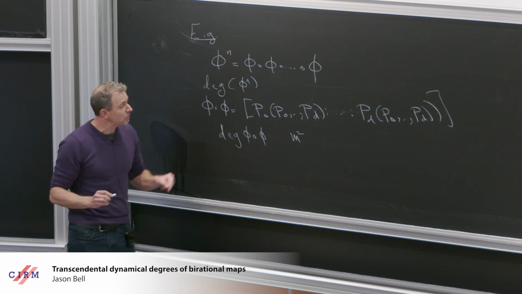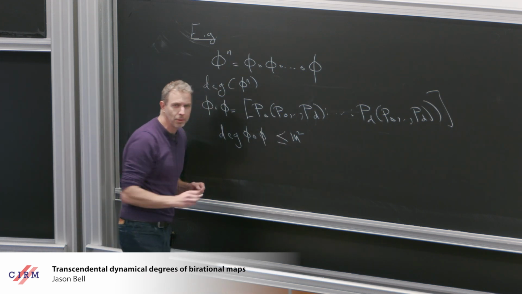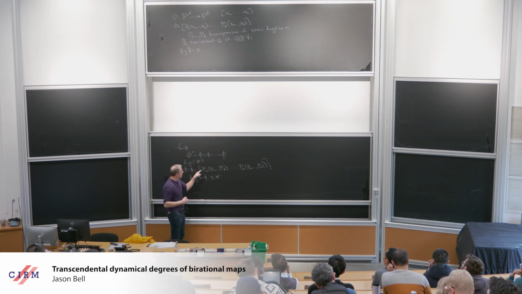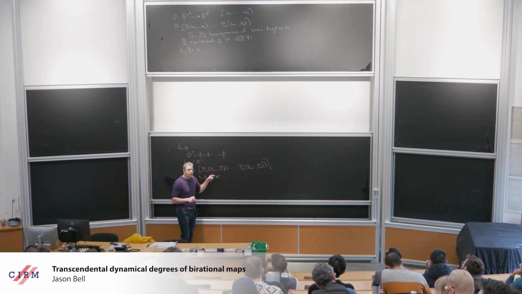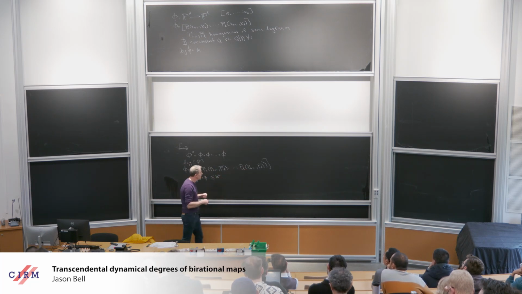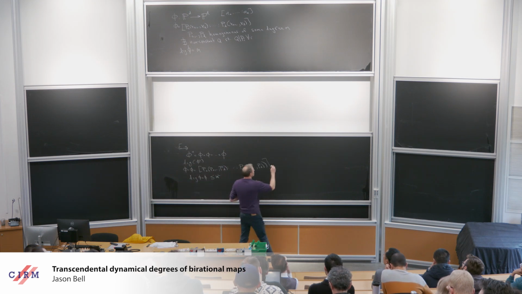I'd like to say that it's degree m squared, but it's actually in general an inequality, the degree is at most m squared. And the reason why it's an inequality in general is because even though the p's share no common factor, it's possible that when I perform this composition, I get a common factor that I can cancel out and that drops the degree. So let's take an example.